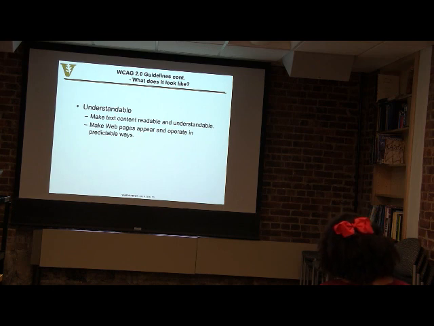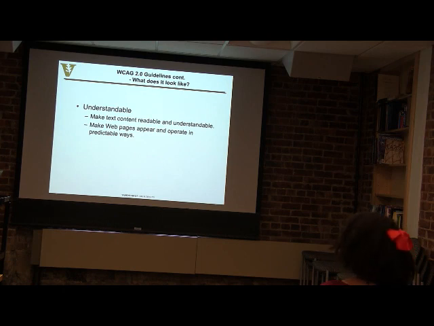Alright, we want to make sure that everyone can understand what we're designing. And so make text content readable and understandable. That goes back to when you scan something in, and this is across the campus, even 2019, we'll scan something through a scanner copier, email it out, and it's just images of text.